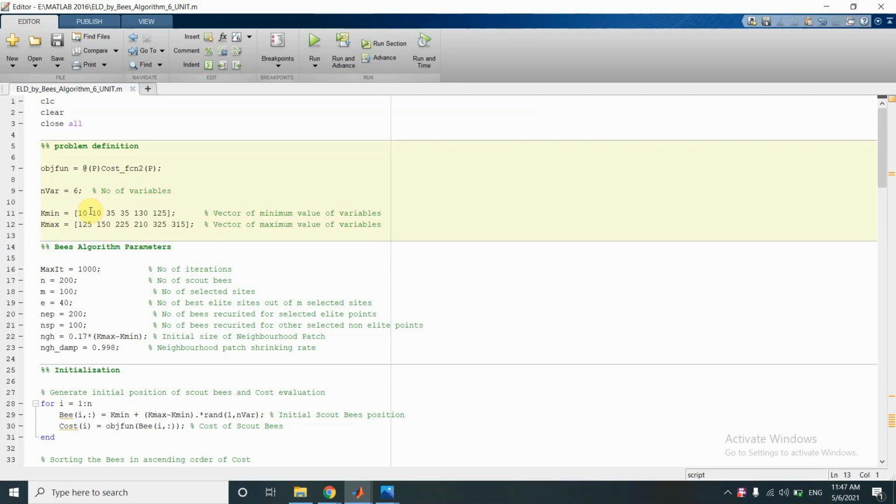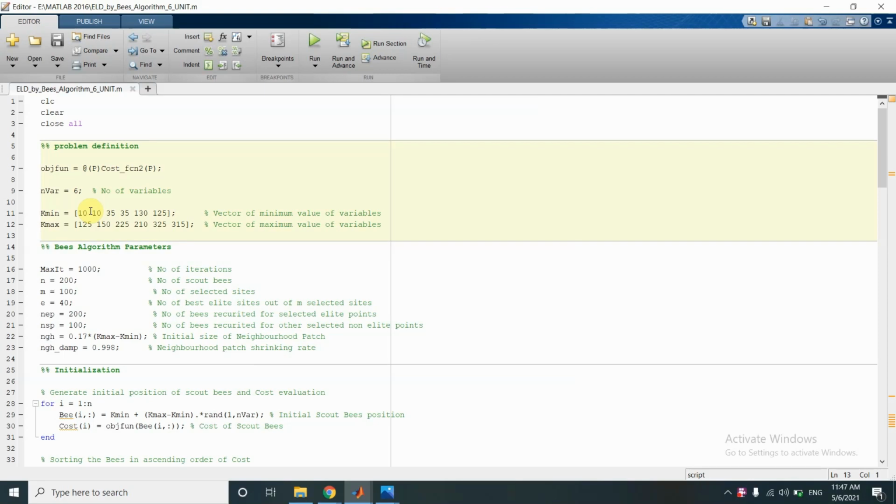Now we subtract the minimum limit from the maximum limit, we get the range of that particular generating unit. And the same thing can be done with the other generating units as well. Now this range is actually the search space of our optimization problem. Since our problem is six dimensional, we have a six dimensional search space.